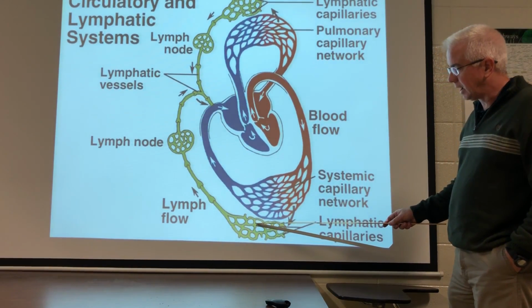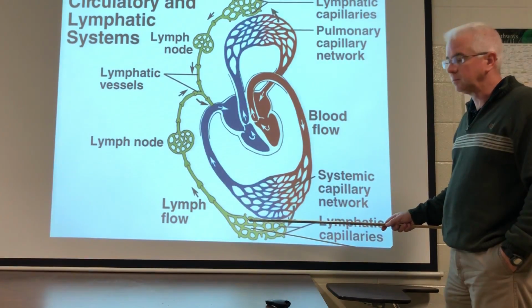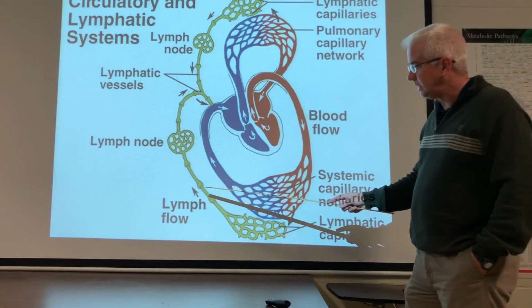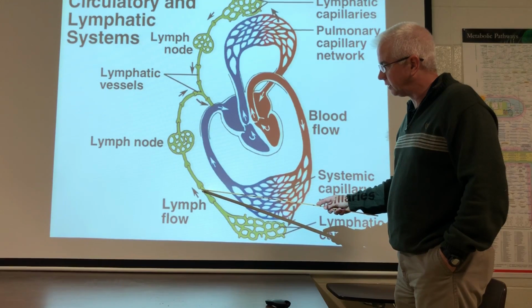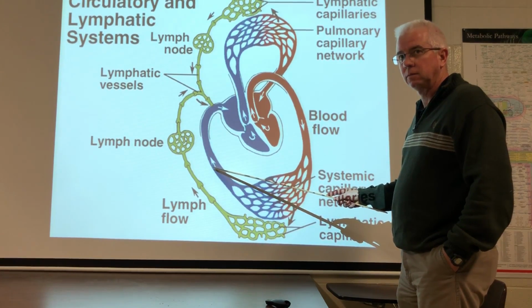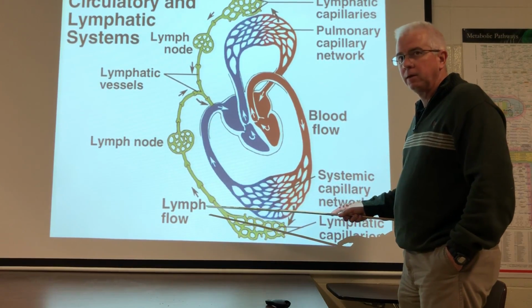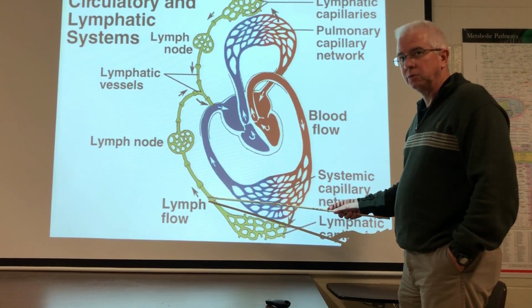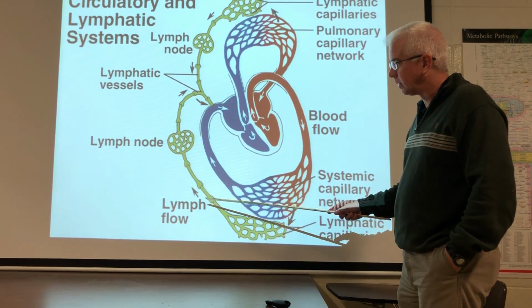Now, these lymphatic capillaries are connected to vessels, lymphatic vessels. And the anatomy of the walls of these lymphatic vessels very closely mirrors the anatomy of the walls of the veins. That is, you would find an endothelium, a thin layer of smooth muscle, and connective tissue on the outer lining of the lymphatic vessel.